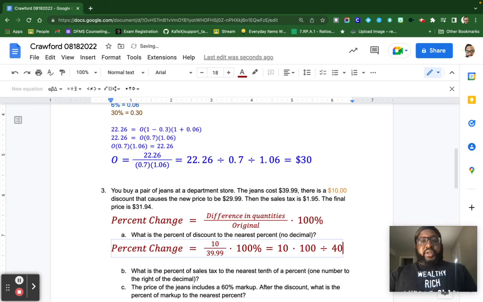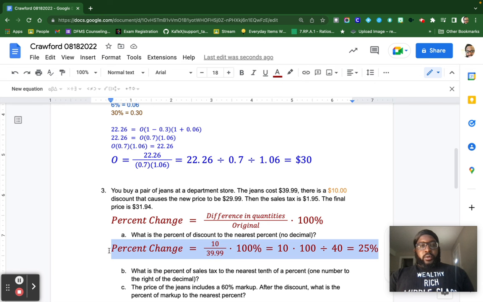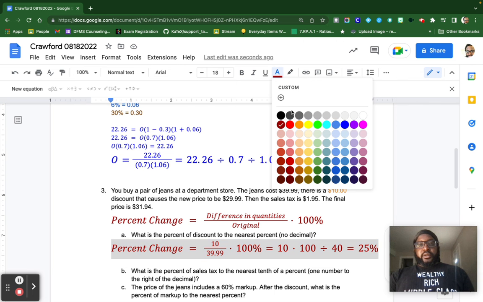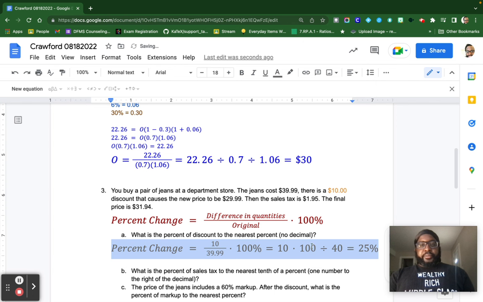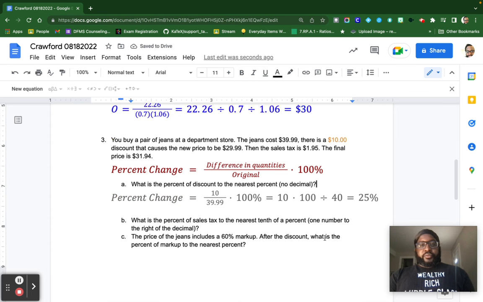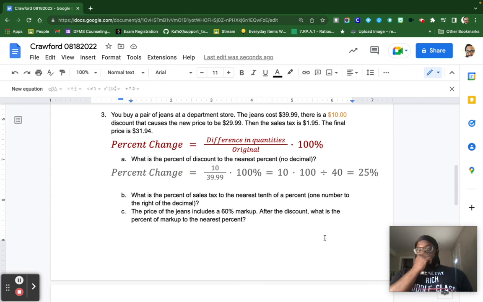Go in that order when you put it in a calculator. And what you're going to get in this case is 25. So that's your answer for part A. I'm going to change the color to gray. That's your answer.